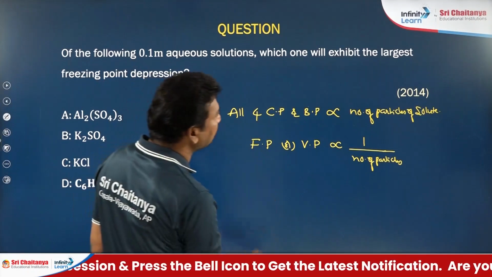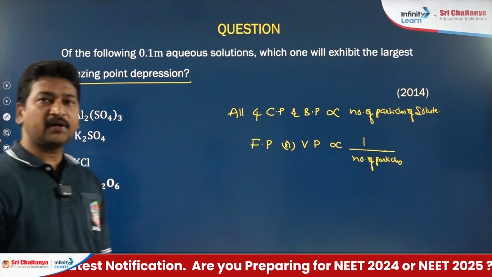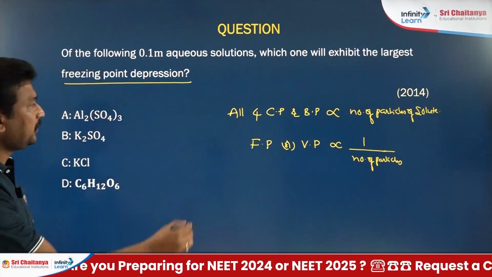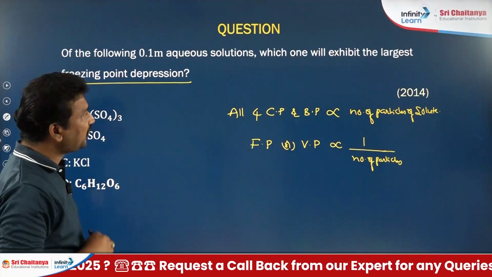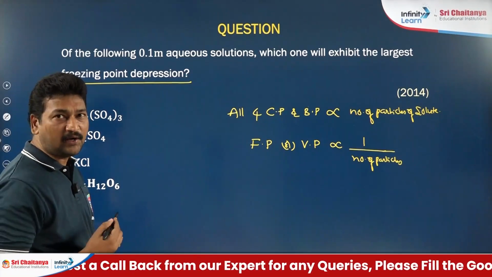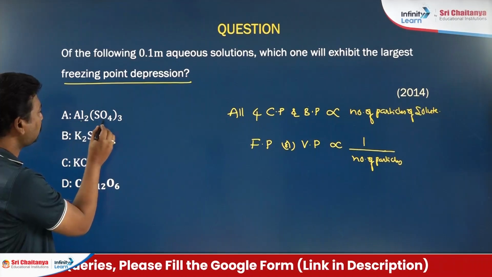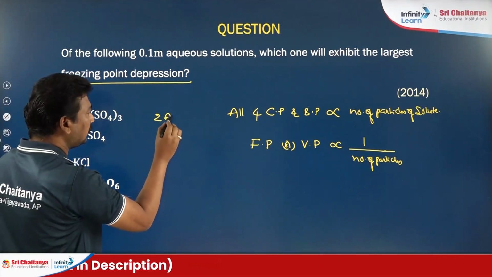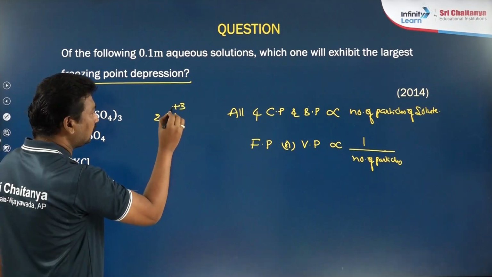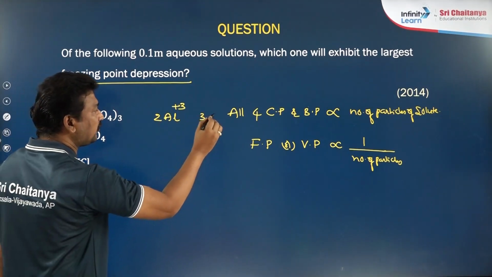Here it is asking about the largest freezing point depression. Freezing point depression is a colligative property, directly proportional to the number of particles of the solute. Since alpha is not yet mentioned here, the i value can be taken as the n value. So, the very first option, Al2(SO4)3. When you split this compound, it splits into 2Al+3 and 3SO4-2.